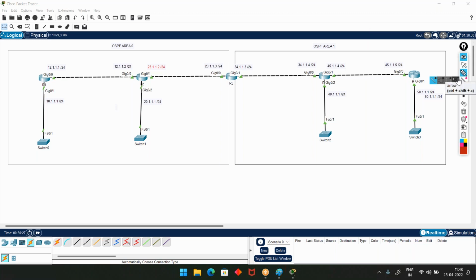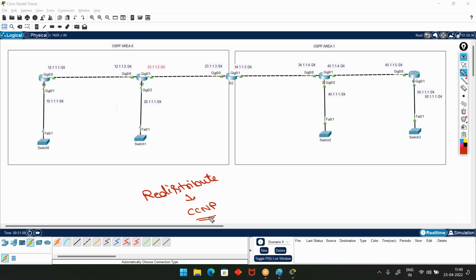ASBR means when we perform redistribution into the OSPF protocol, that router will become the ASBR router. We can discuss this topic at the CCNP level, Abhinav. Once you go to the CCNP level, we can discuss what redistribution is, how we can perform it, and what the ASBR is.